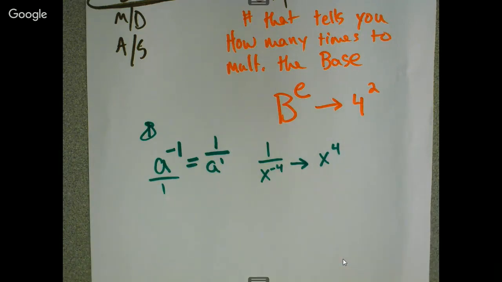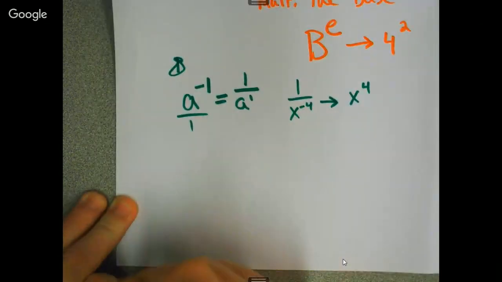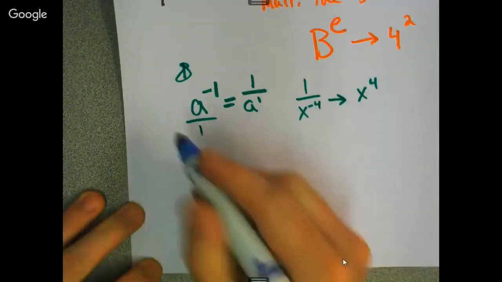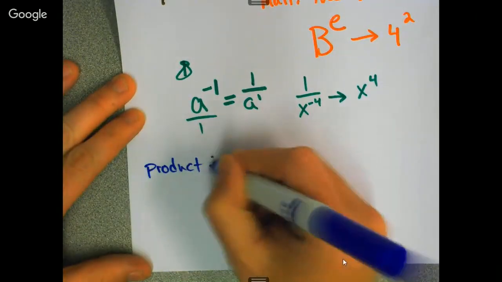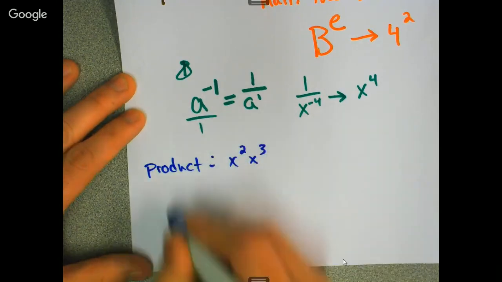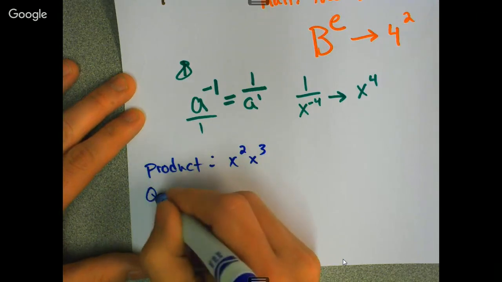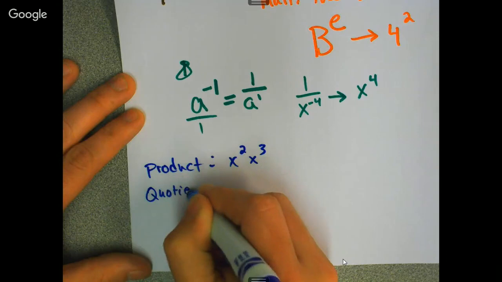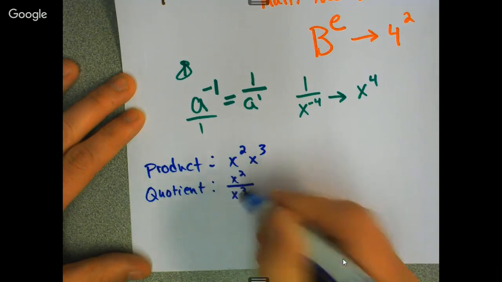There's some properties I want to go over with exponents really quick. We will talk about the product property. That is like x to the second, x to the third. We will talk about the quotient property. That is like x squared over x to the third. It's really division.